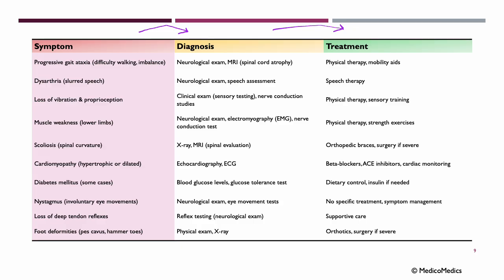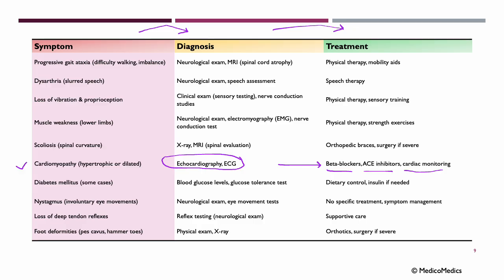A severe one is the cardiomyopathy. We diagnose it with echocardiography and EKG, and we manage it with the use of beta blockers, ACE inhibitors, and of course cardiac monitoring.